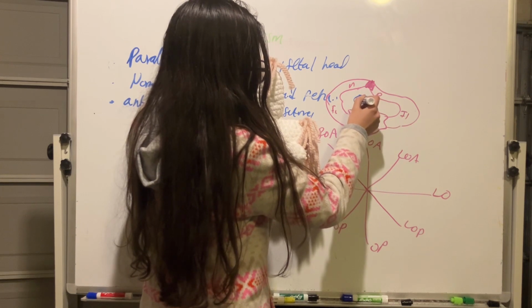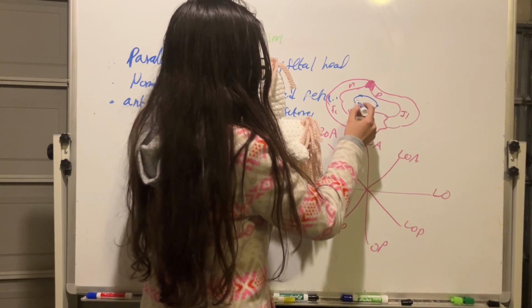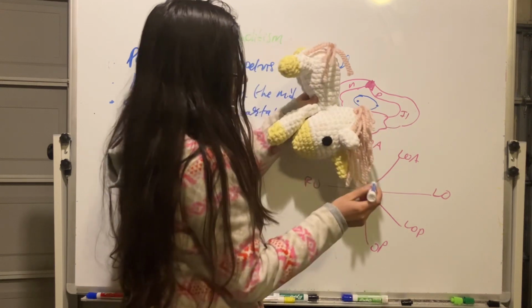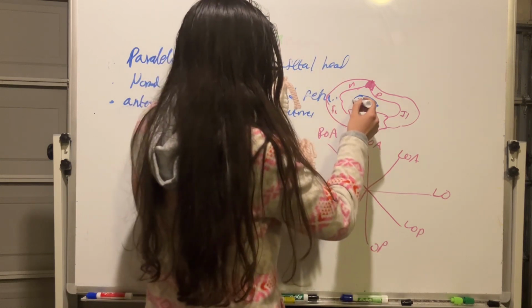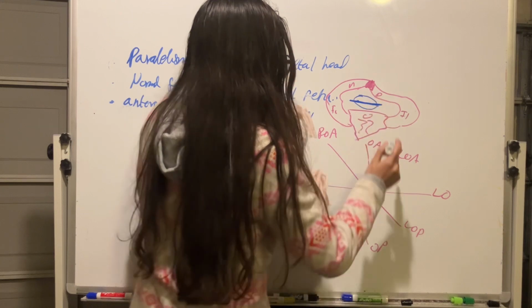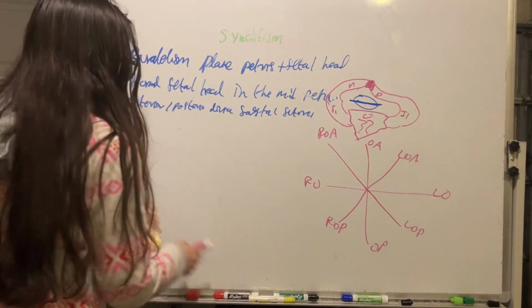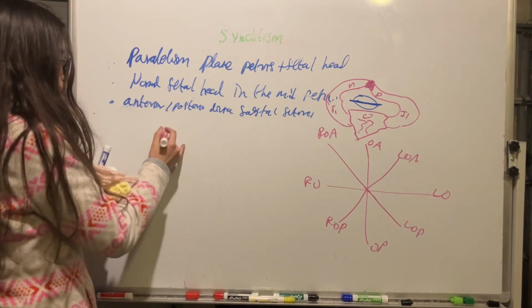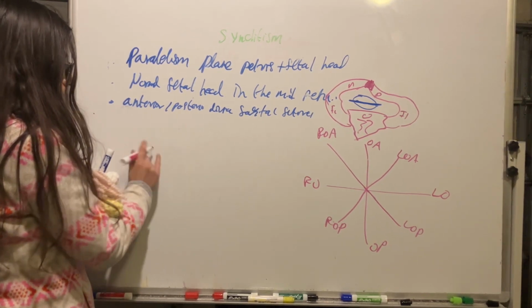Let's say here is the eye, this is the occiput, like this. Here is the sagittal suture. Now, what happens when we have synclitism? So let's draw again the pelvis of the mother.